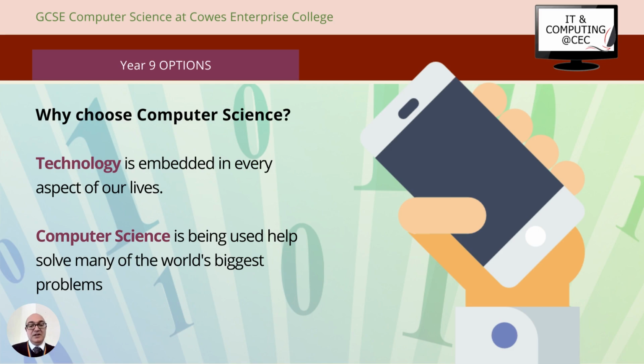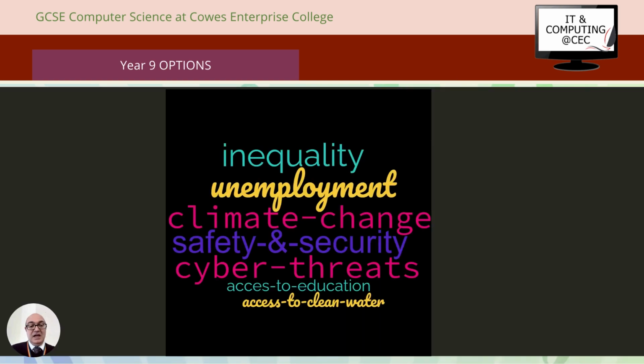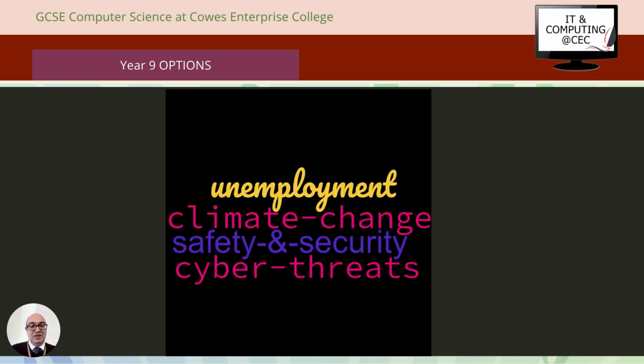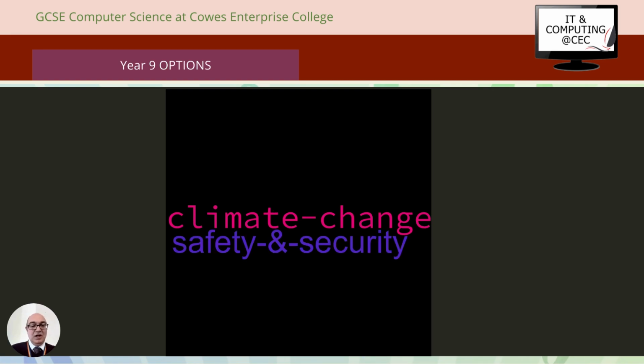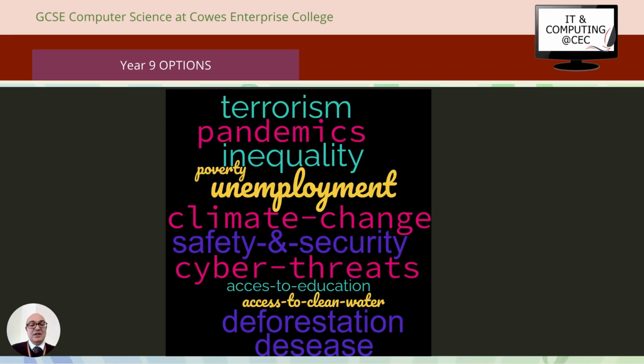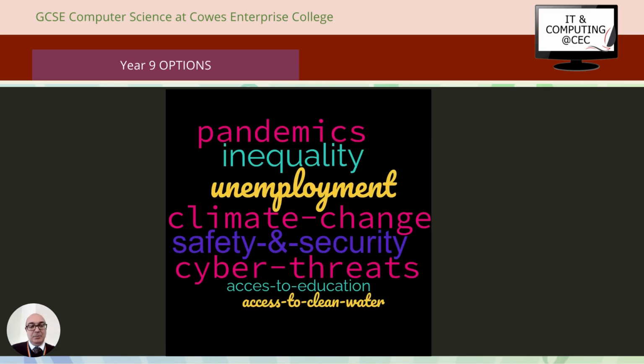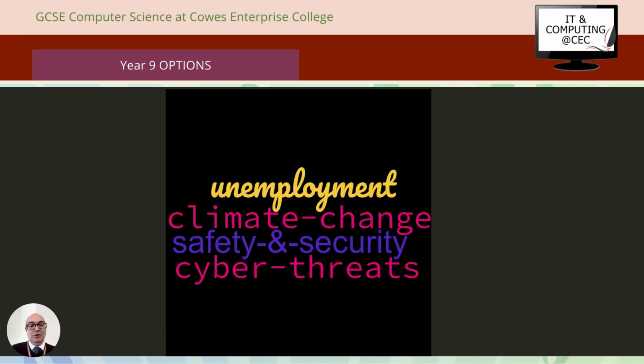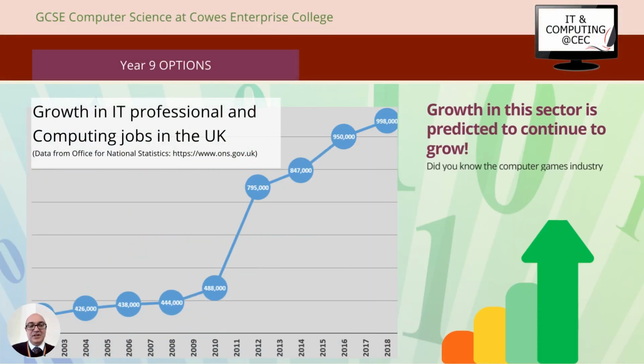And if you want to be involved in that change, then being involved in computer science is going to be a good start. Any of these problems that you can see on screen now, if they are something that you want to have an impact on, then certainly computer science and problem solving, those skills are going to really help immeasurably.